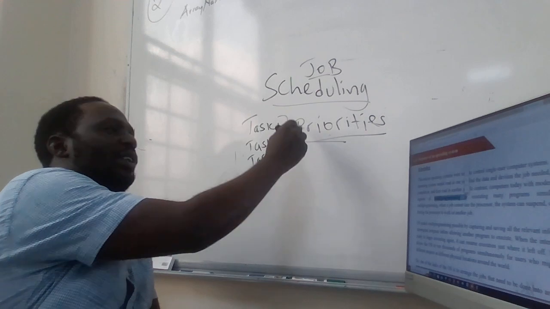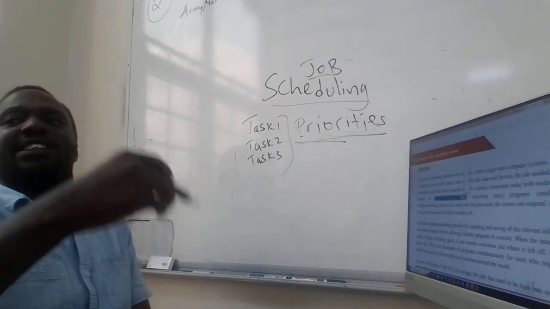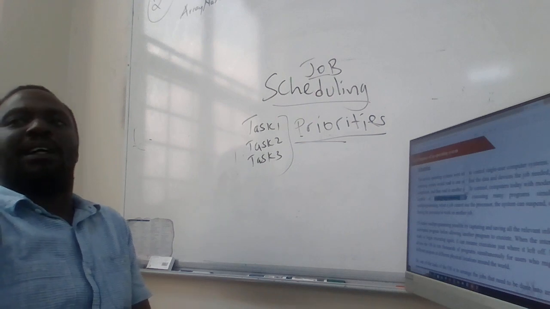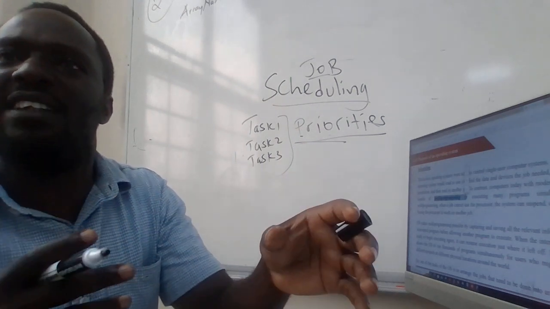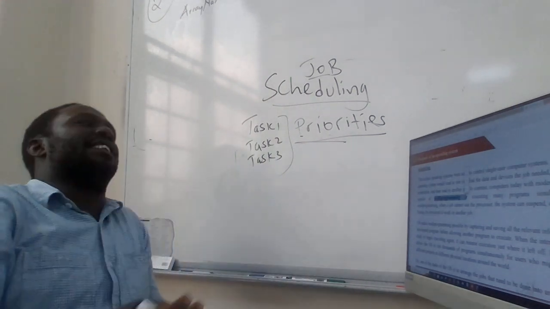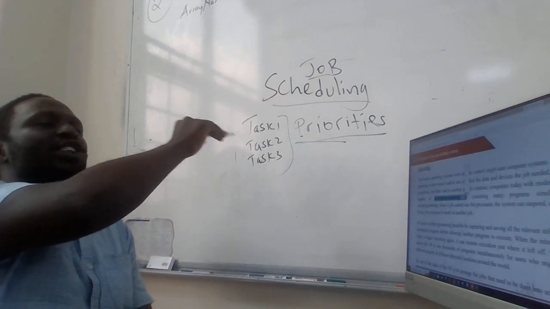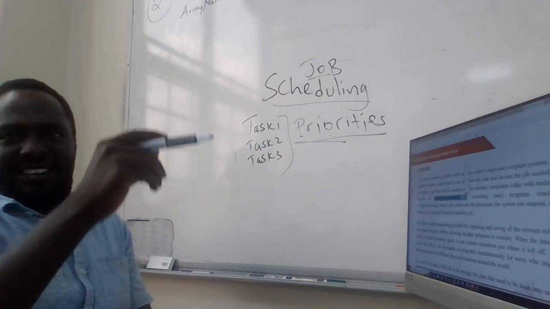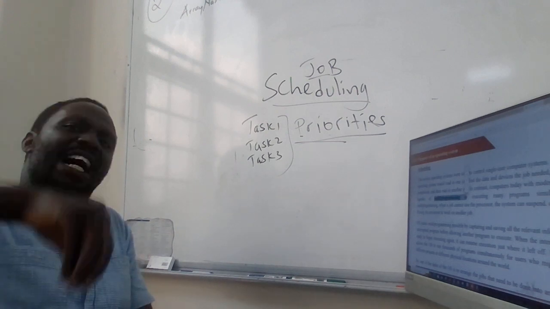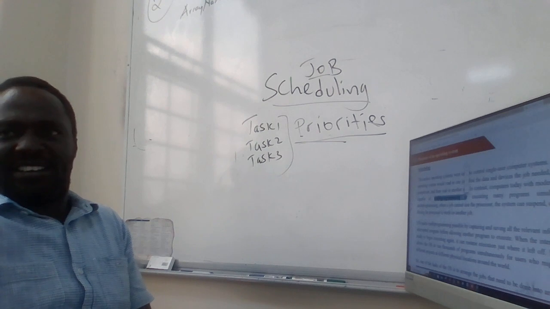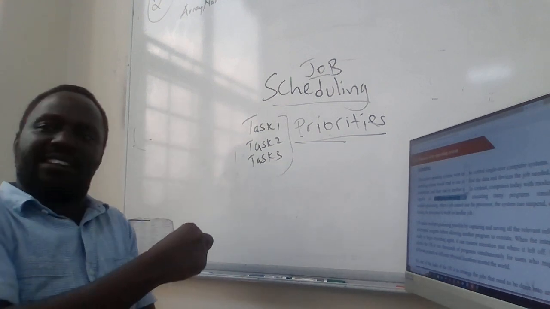So by attaching or assigning priorities to the jobs, the operating system is deciding how important each of the tasks is. Now, the one which is the most important is the one that is chosen to use the processor first. So the one which is given the highest priority is the one which is organized to use the processor first.